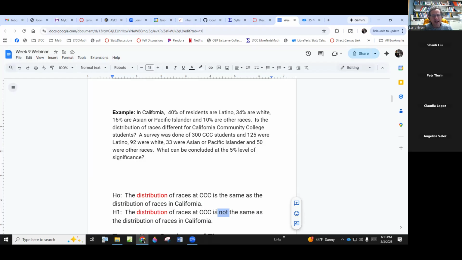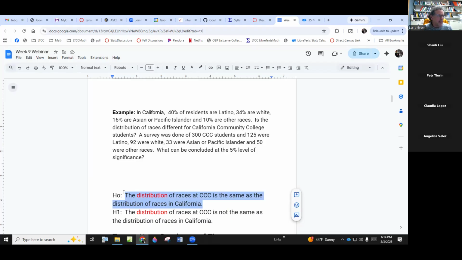Okay, I do want to give you a heads up, and that is you'll notice this is very different than H naught and H1 for what we did in the last couple chapters, because H naught and H1 are all words. That's different than what we had in chapter 9 and 10, where I told you had to have symbols.